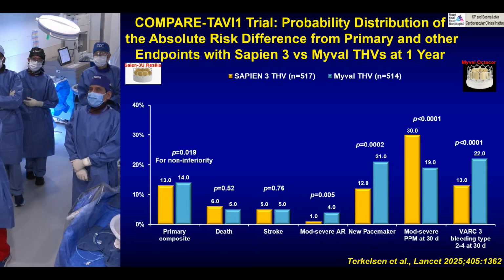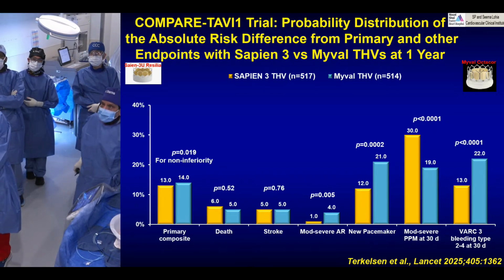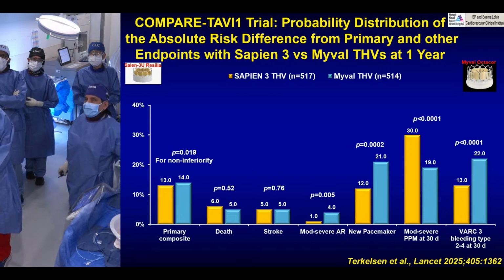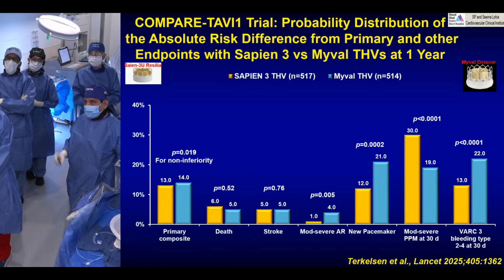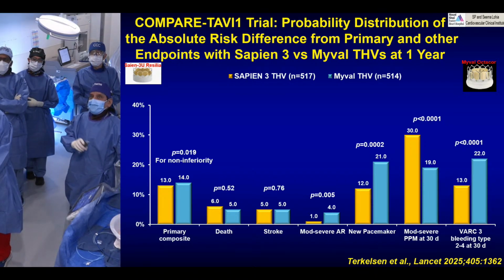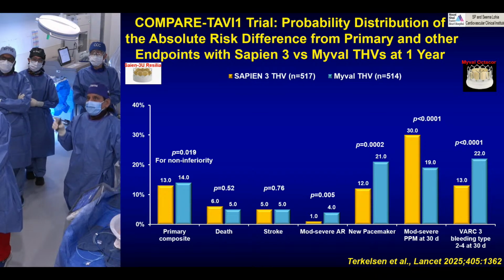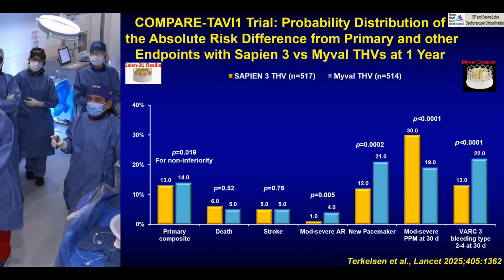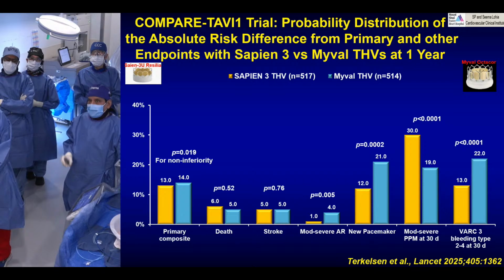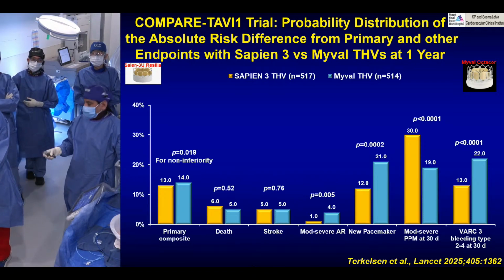Of course, the only difference was that patient-prosthesis mismatch was much higher with the SAPIEN valve. But overall, compared to the LANDMARK trial, the COMPARE-TAVI 1-year data are slightly different, but overall, if you go to the main endpoint, death and stroke, identical.